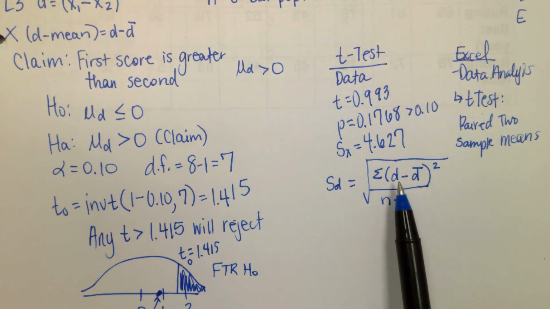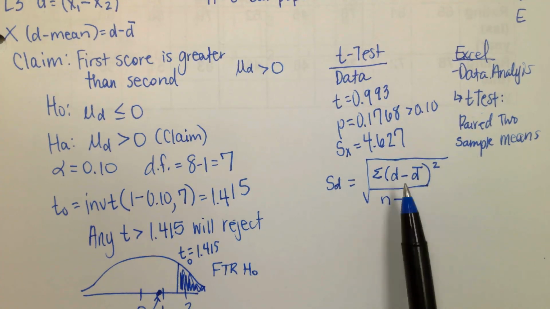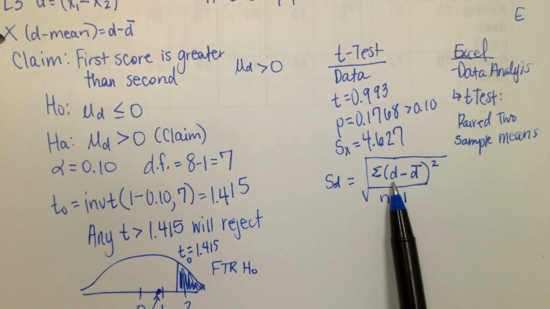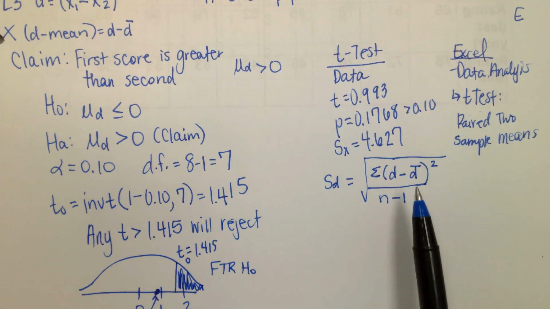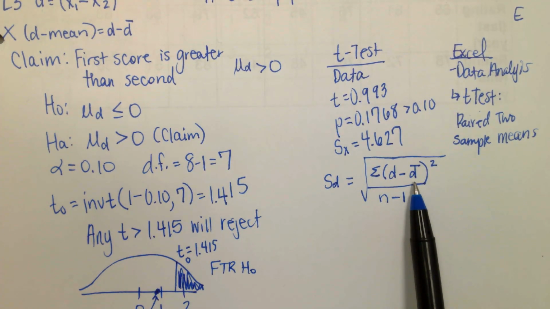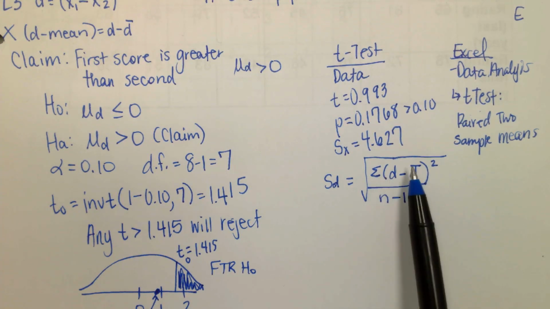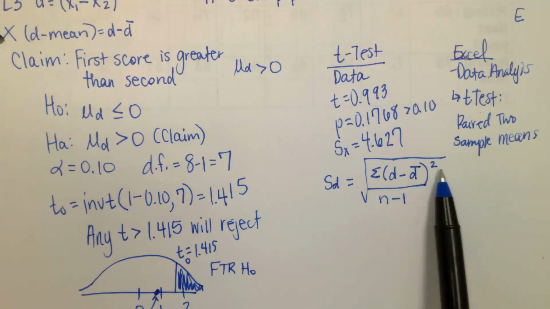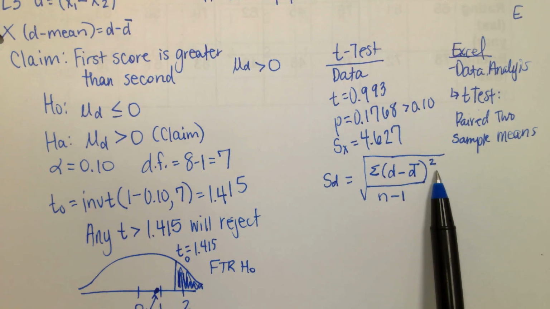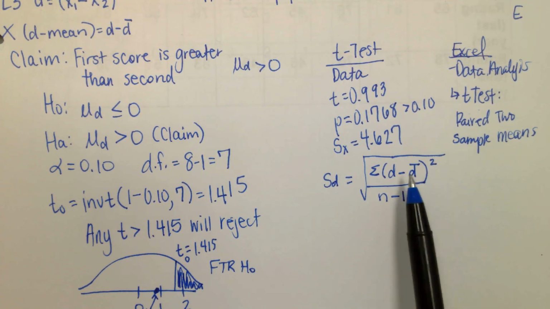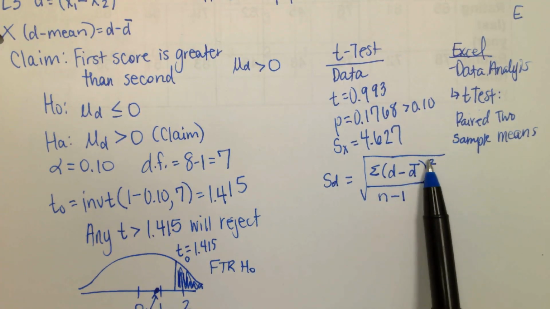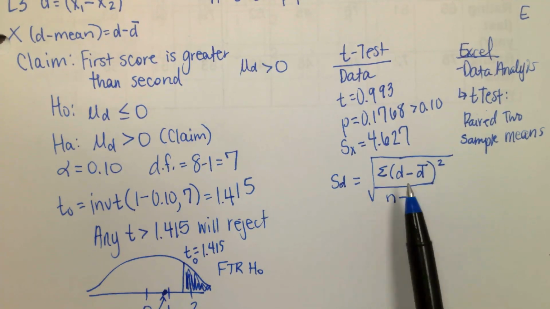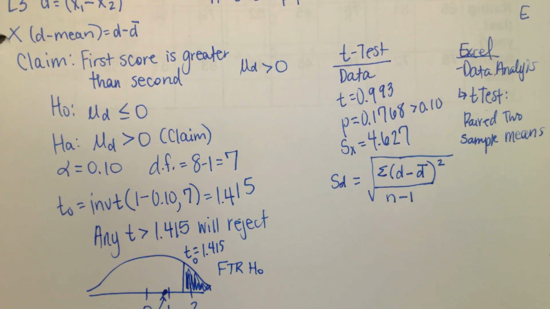Column D was the distances. We found the mean by actually calculating it at 1.625. We squared this and put that in column F. So this was column E, this was column F, squaring it, and then we found that standard deviation in Excel.